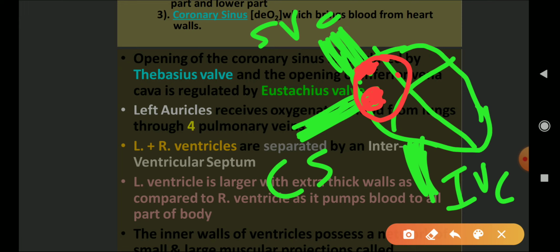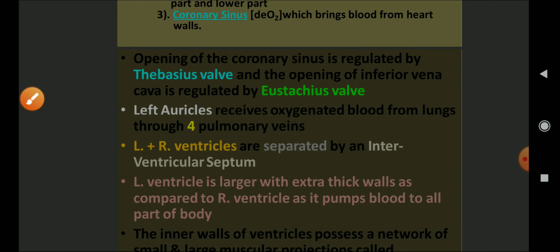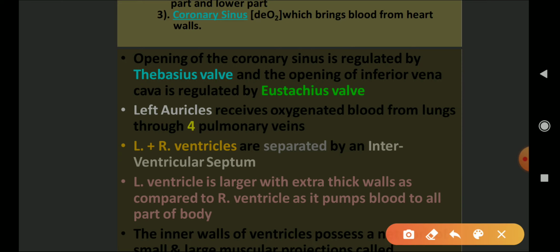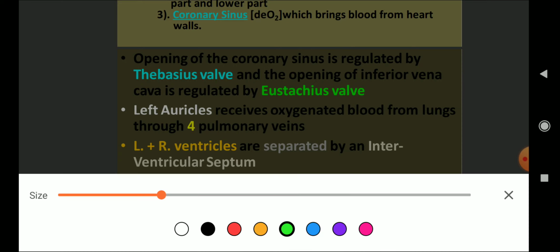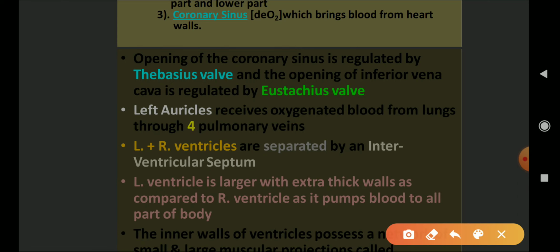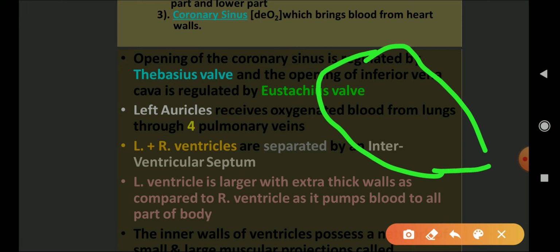Here it possesses the valve. Okay, let me rub it out and draw it once again in a different color.